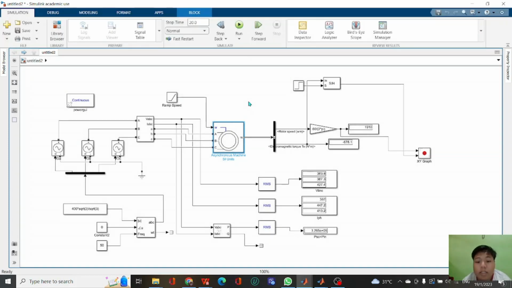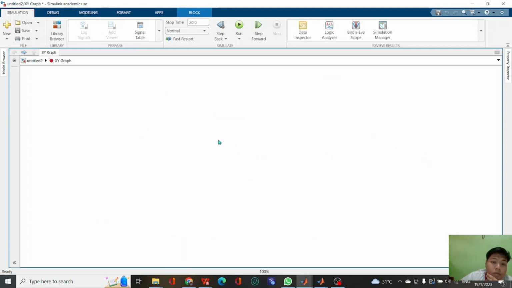After done run this simulation, you can see VTH we can get when we total this reading and divide by 3 to get VTH, and same for IPH we total it and divide by 3. Okay, for this we can see the graph. Okay, this part we want to see the graph.